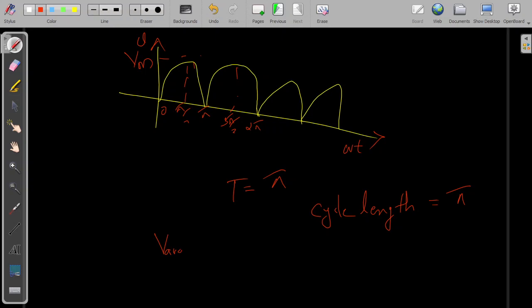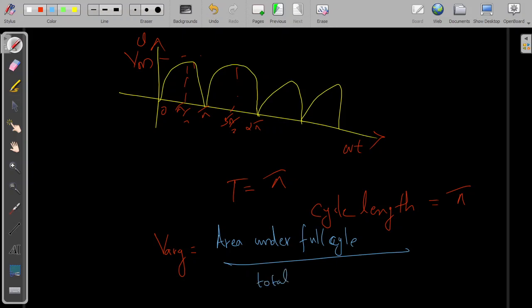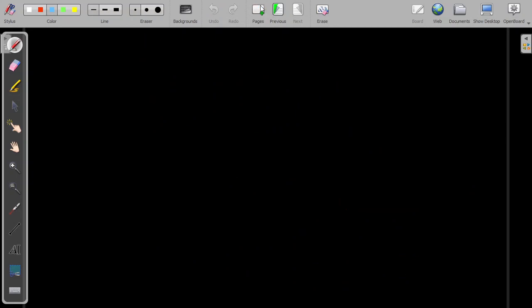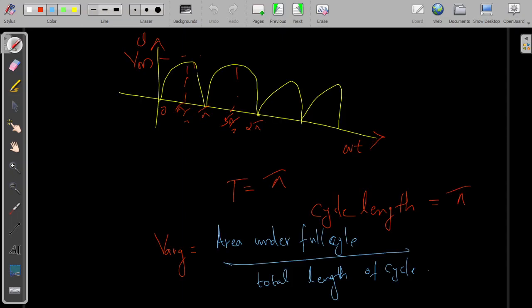VAVG, by definition, is the area under the full cycle divided by the total length of the cycle. Now, we have the waveform formula.